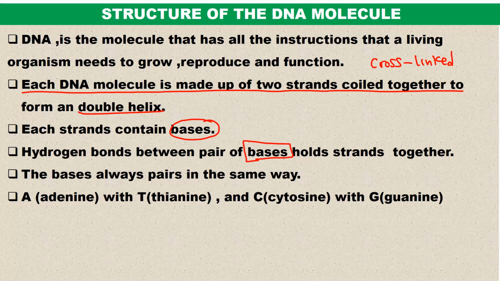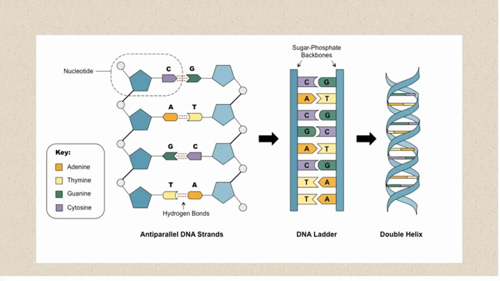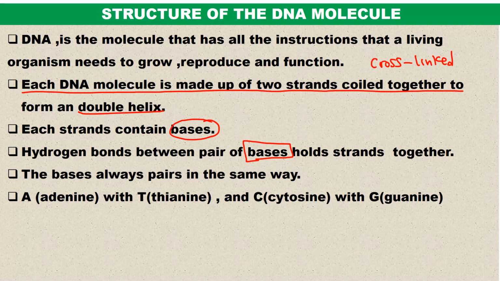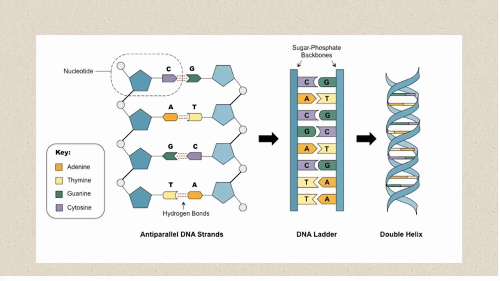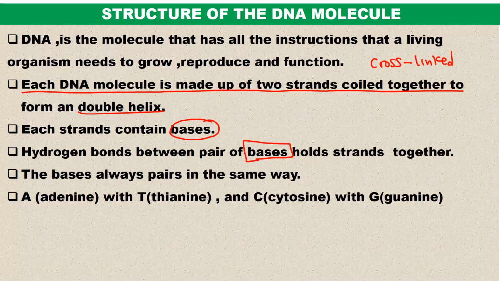So let us look at an example of this DNA and how it bonds. As you have here, the nucleotides, but what is important here are the bases. Please just correct the names of the bases. The name is adenine, so here is supposed to be adenine.